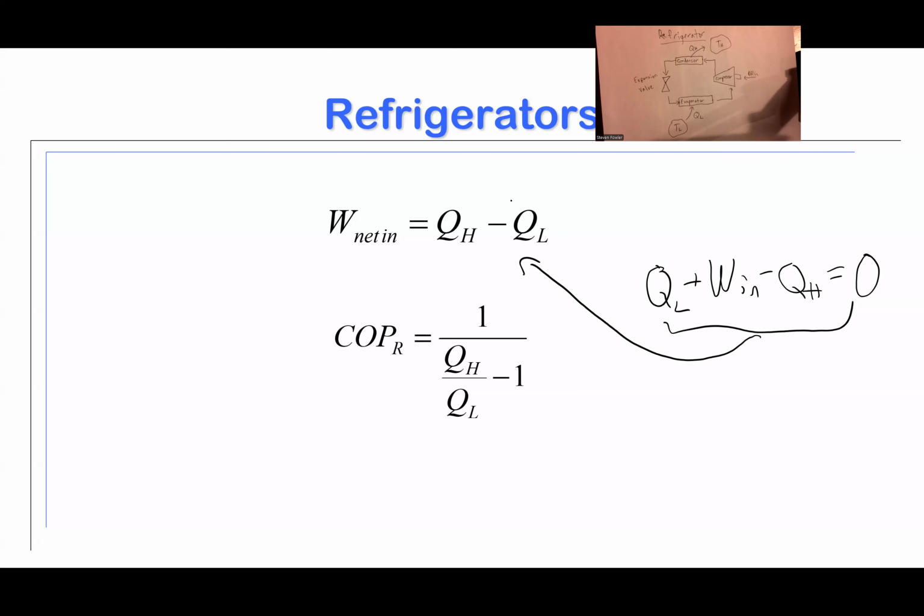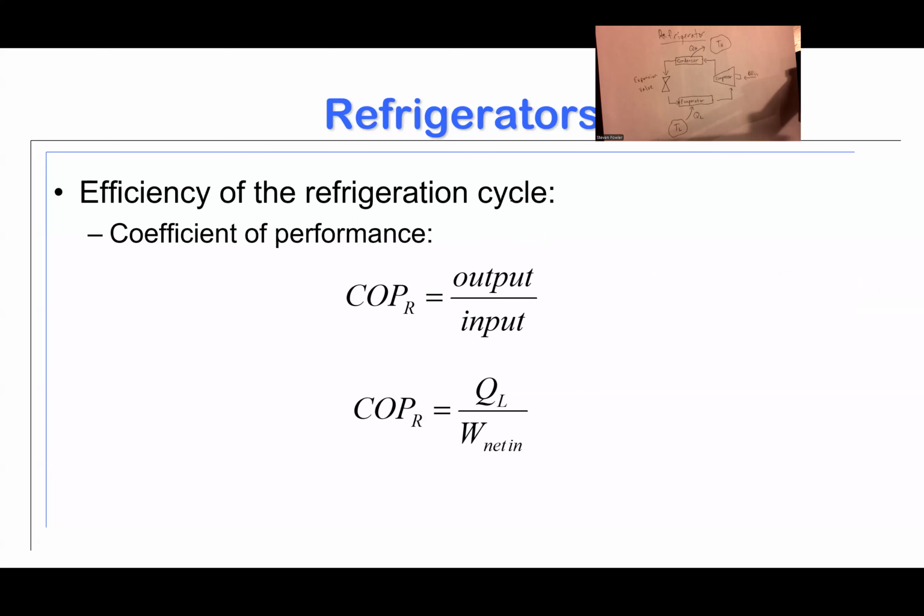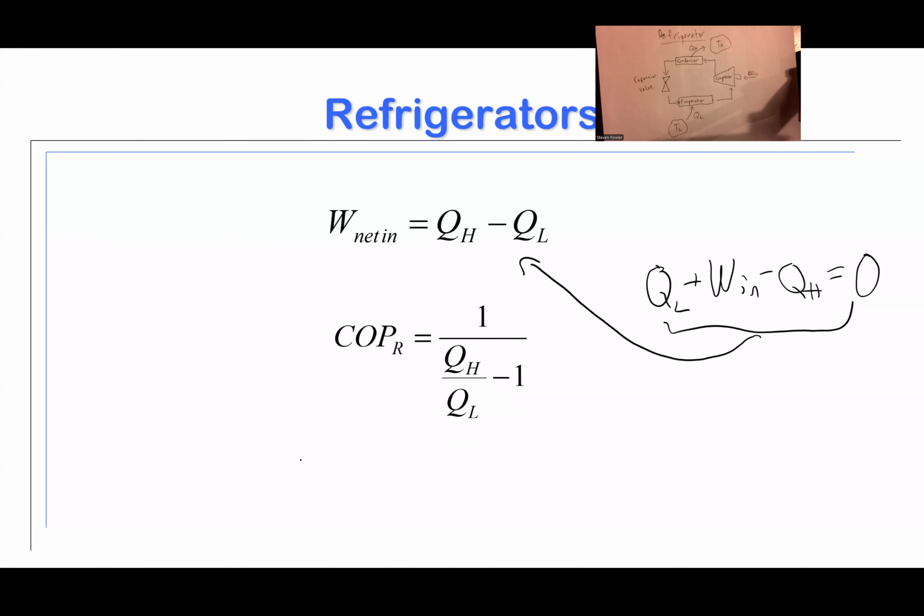Okay. Now remember, in the previous slide, we introduced this idea of COP is QL over this work in. So COP for my refrigerator, for example, if that is in fact what I want, QL divided by the work net in to get it.